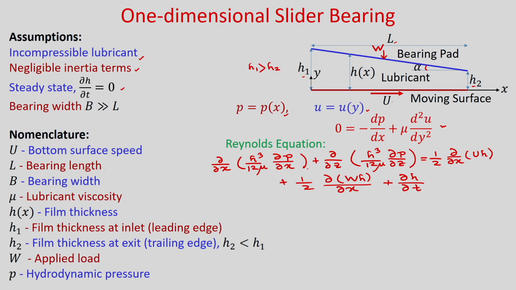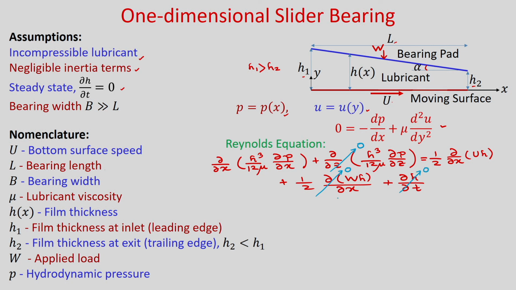Now, invoking these assumptions, we can simplify this equation. Obviously, we have seen that width is very large compared to the length of the bearing pad. So, del/del z of any quantity will be 0, this will also be 0, and as it is steady state there is no vertical velocity v, so this will also be 0.